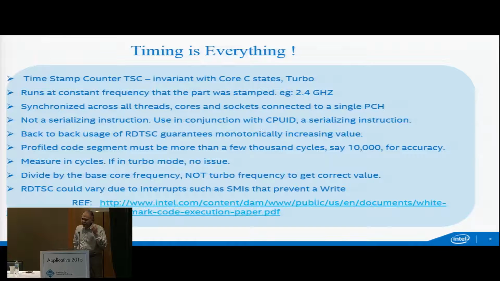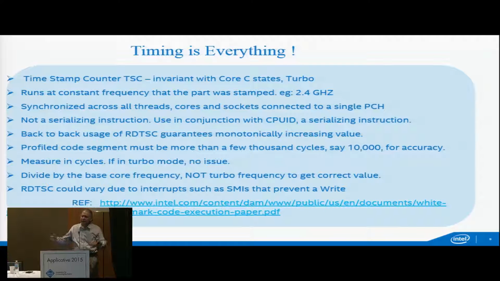There is an overhead of 30 cycles for each call, plus these are all out of order machines, which does not guarantee you fidelity. So if you are looking at a code sample that's about a few thousand, maybe 5,000, 10,000 cycles, not too much actually, then you will see better accuracy. So that's all I wanted to say in this.